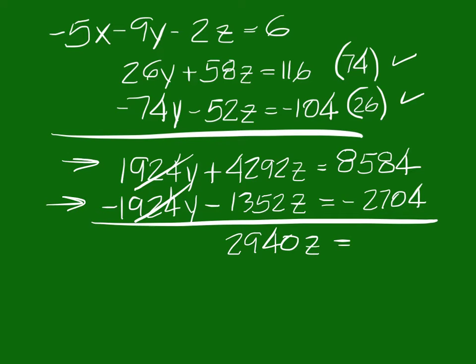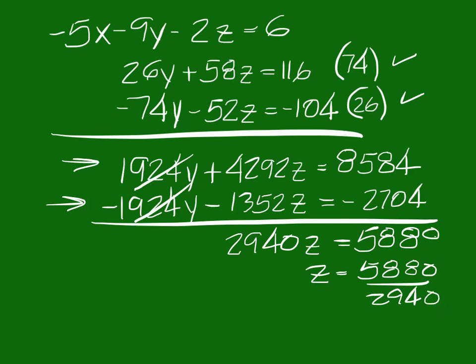And then 8584 minus 2704, that's the same as plus a negative 2704. You should get 5880. And this will work out really neat because 5880 divided by 2940 should come out to be 2. Once you can make it to z equals 2, then it's just a matter of solving backwards from there.